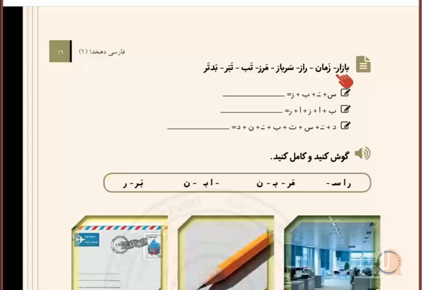Bazar, that is bazaar. Zaman. Pay attention, you're not expected to learn the meaning of these words. We are only practicing reading in Persian, okay? Zaman, that is time. Raz, secret.